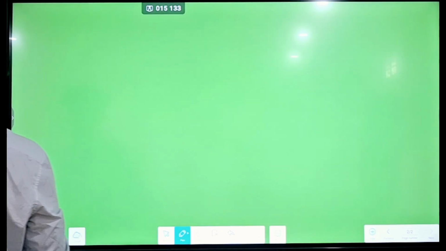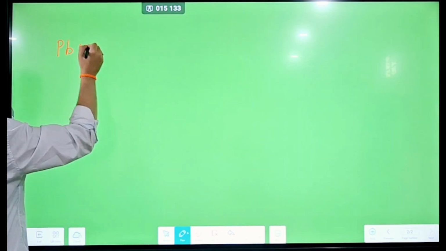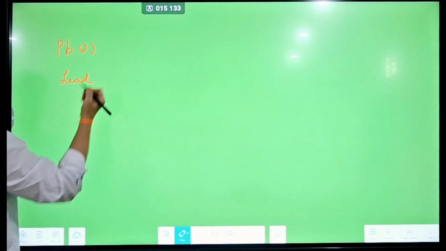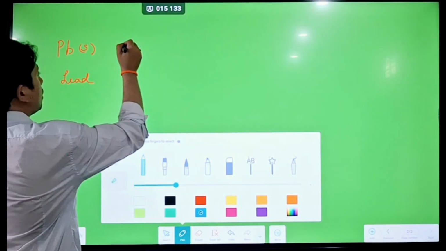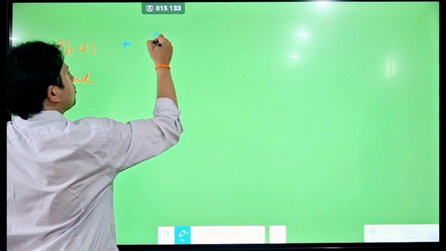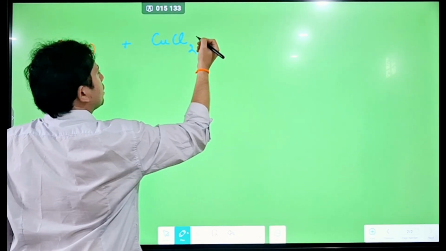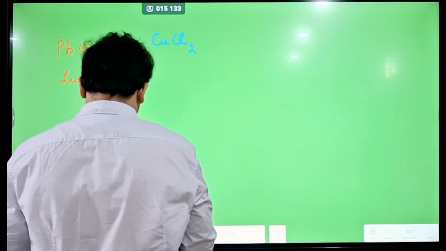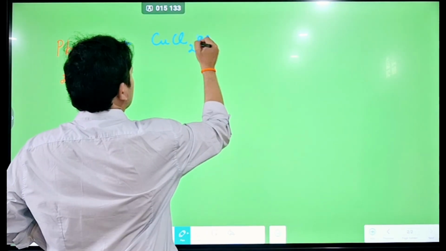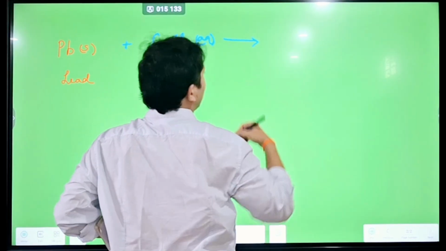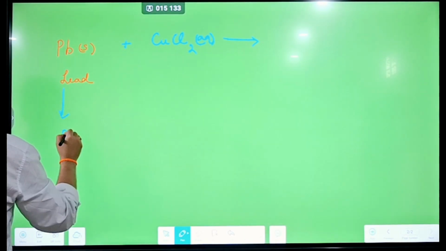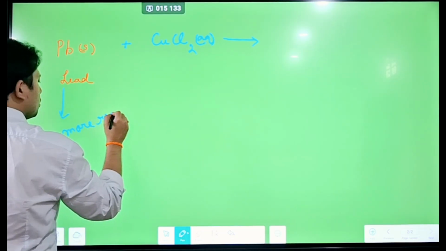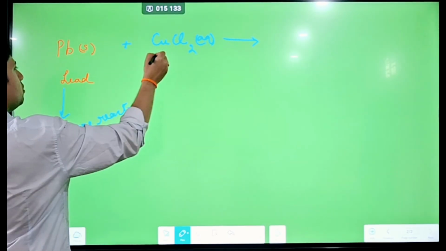Moving on to the next example, let us take lead this time. Lead's symbol is Pb. This is lead. And this time we'll take copper chloride again. Copper chloride will be aq since it is an aqueous solution. Now again we will see lead is more reactive compared to copper.